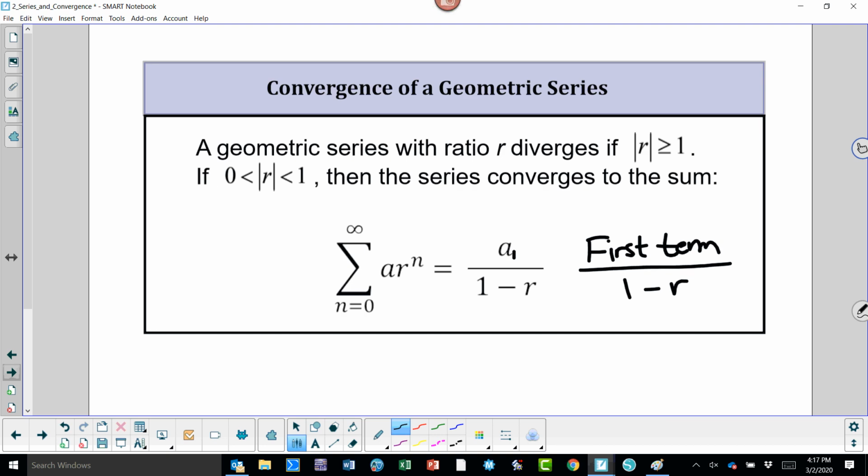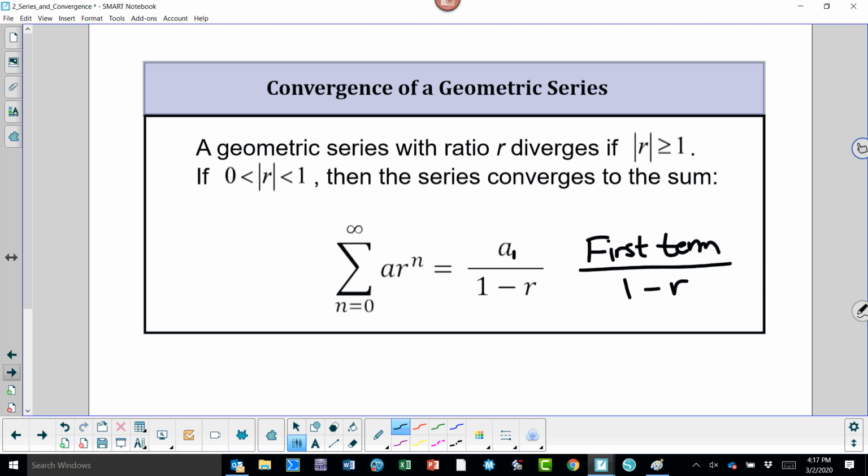So the formula here, which is very important, is how to determine whether it converges. Because it's very difficult to determine whether a series converges by that definition that we talked about, and that is whether the sequence of partial sums converges. So we are going to learn to match things.